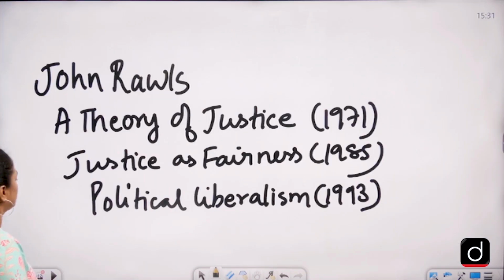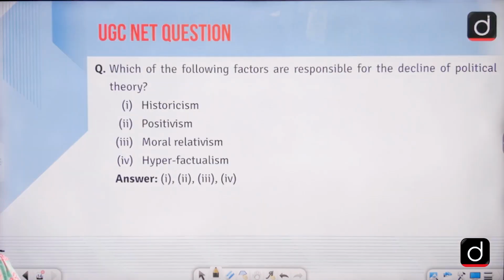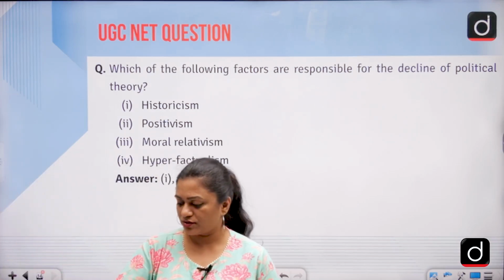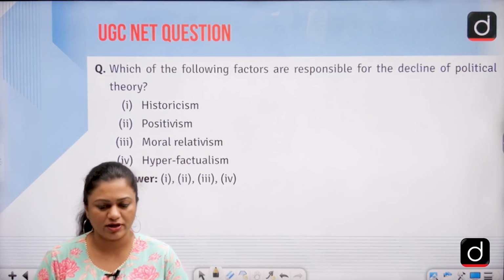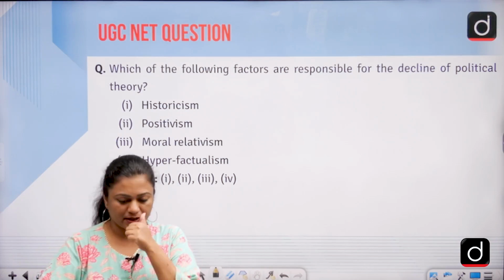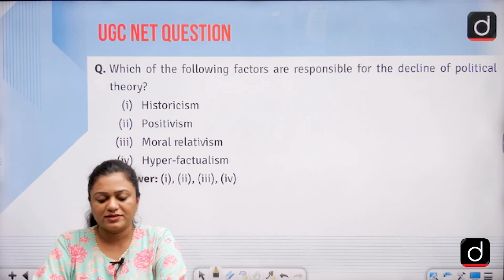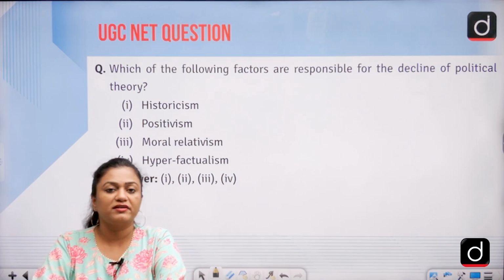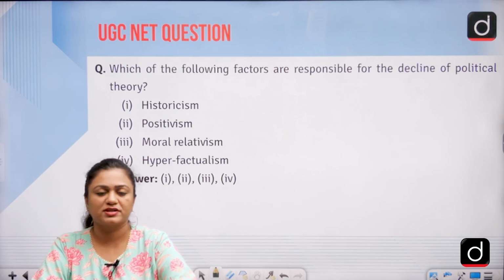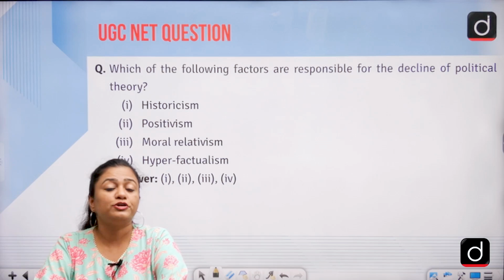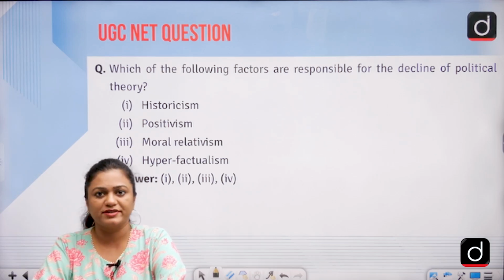Now there is another thinker, Michael Oakeshott. He held that philosophical questions are interconnected and that answering them requires wide-ranging critical reflection. His book is On Human Conduct, published in 1975.